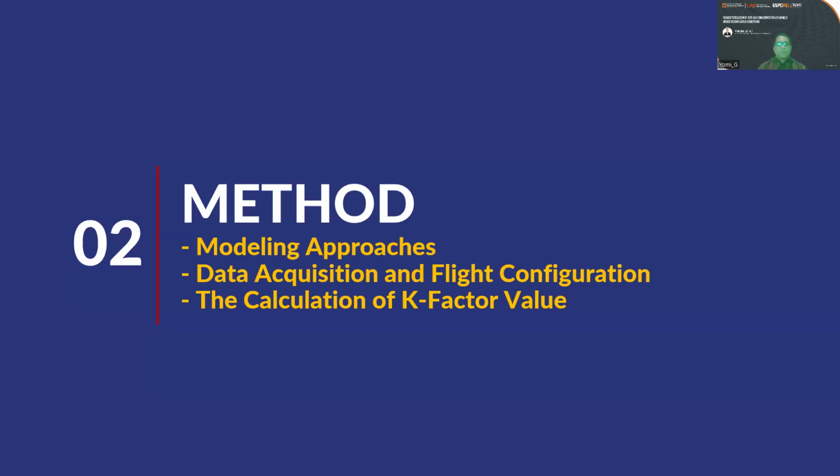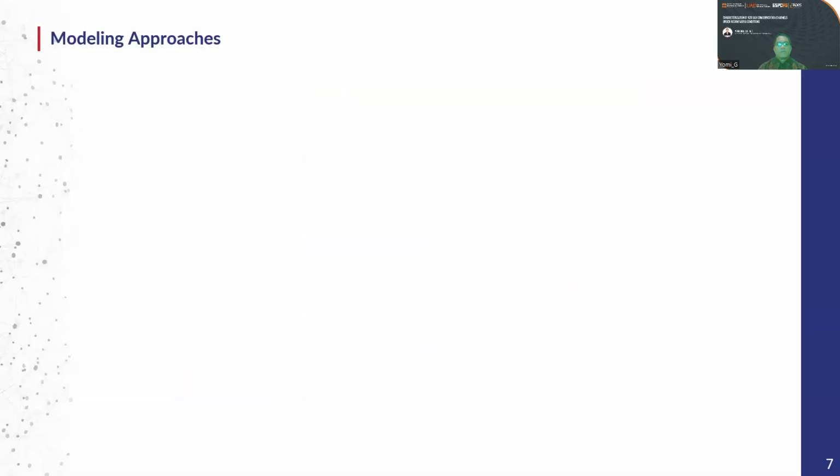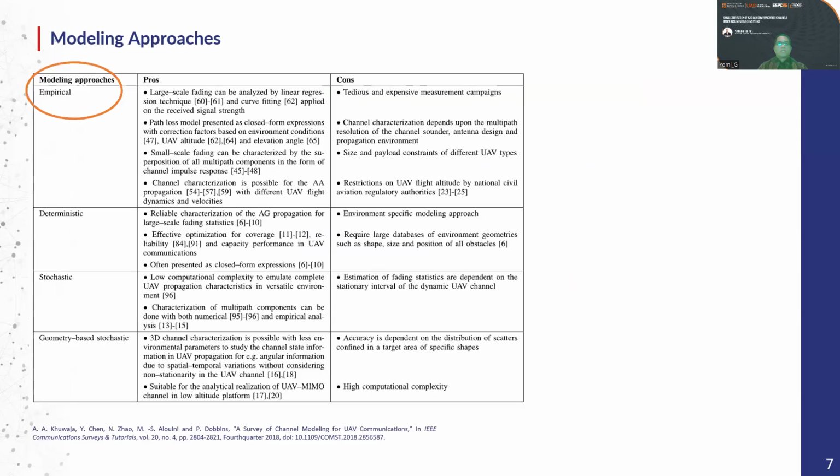And next slide, method, modeling approach, data acquisition and flight configuration, the calculation of K-factor value. This slide discusses various modeling approaches used in the characterization of UAV communication channel with a particular focus on the empirical approach.